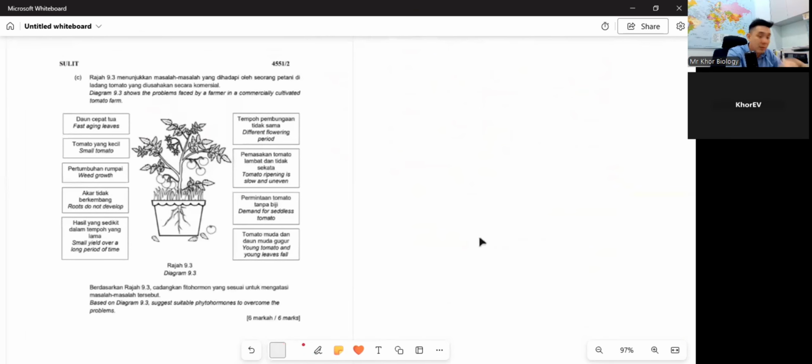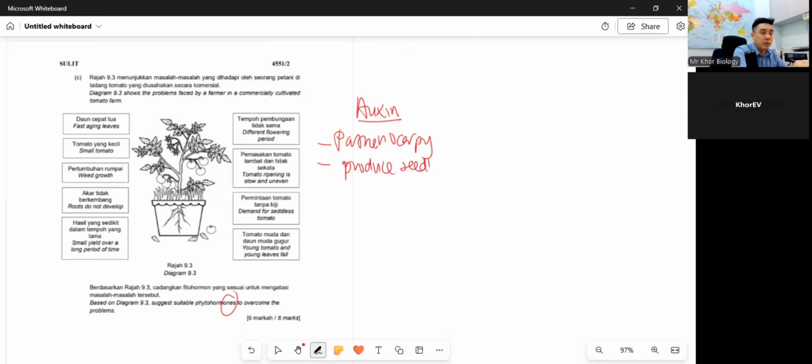Okay, we have to suggest suitable phytohormones to overcome the problem. Phytohormones are plural. So first of all, we can use auxin. Definitely auxin has to be in because auxin is important, whereby we can use parthenocarpy here, meaning the fruits don't have to undergo fertilization.